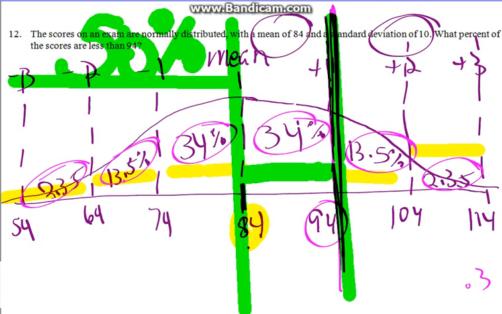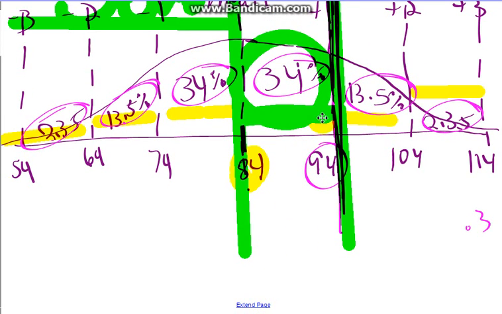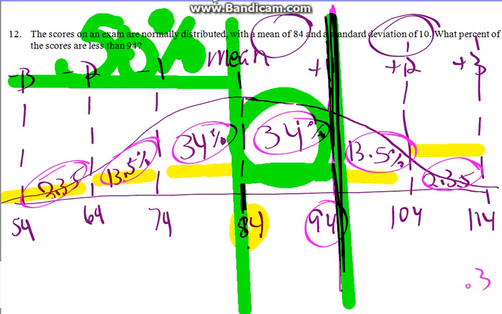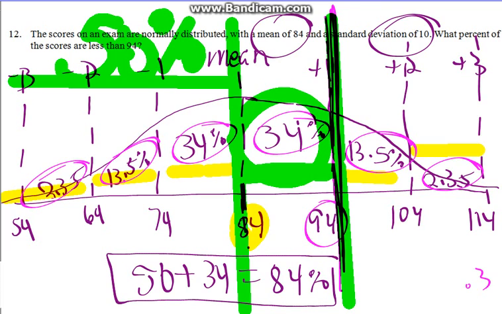So, if we have this 50% plus this 34, we're going to have our answer. So, 50 plus 34 is 84. So our final answer, what percent of the scores are less than 94? That's going to be 50 plus 34 equals 84%. And that's our answer.